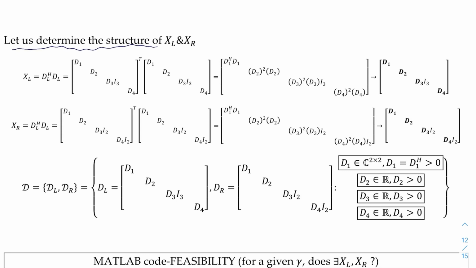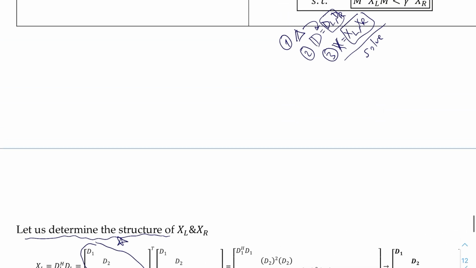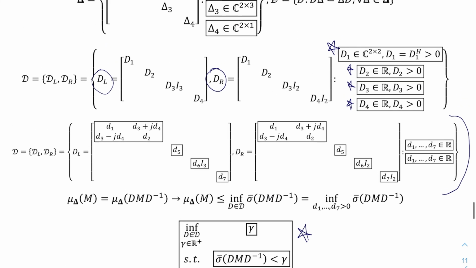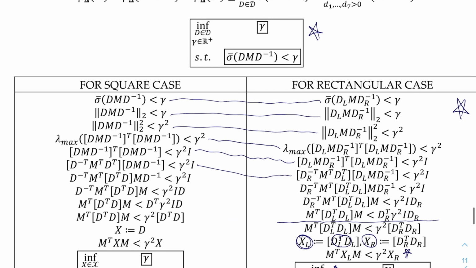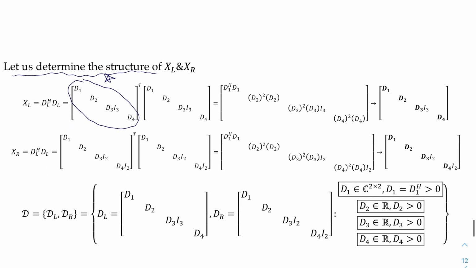Here, since this is a long expression, it says let us determine the structure of XL and XR. This is the DF that we obtained here. D1 is Hermitian, so we obtained that and wrote the exact same thing, then transpose and the same expression.